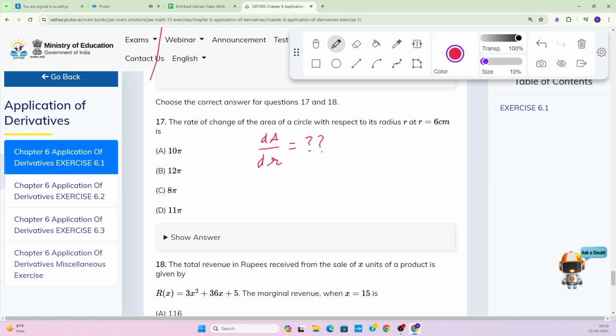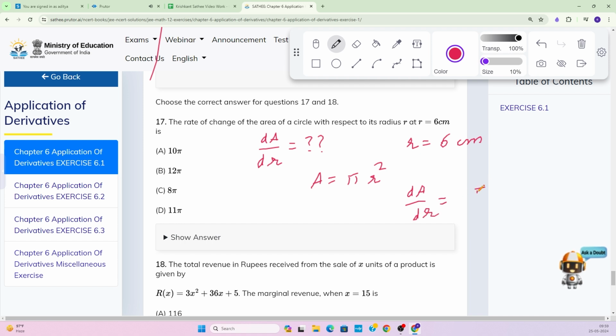Now what is given? When r is 6 centimeters. And what you already know from previous knowledge, you know about the area expression. Area of a circle is pi r square, and you want to find dA by dr. Okay, simple. So differentiate it with respect to r.